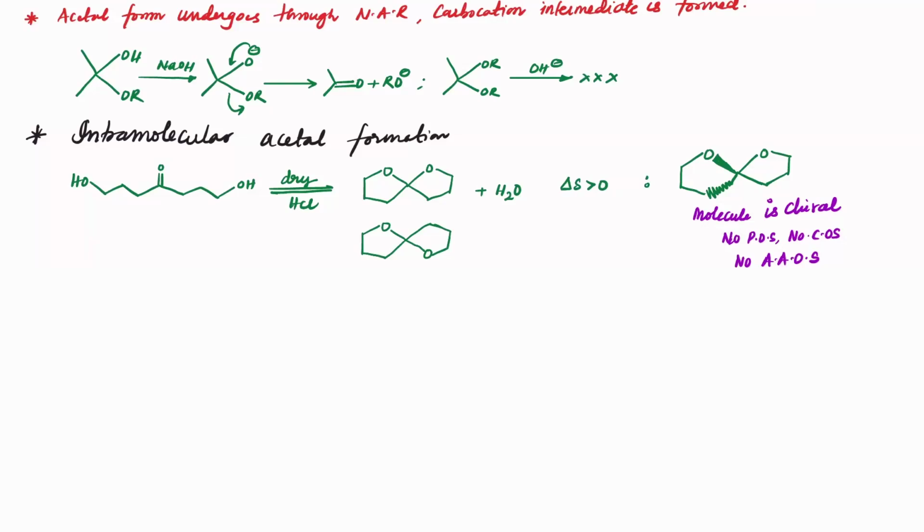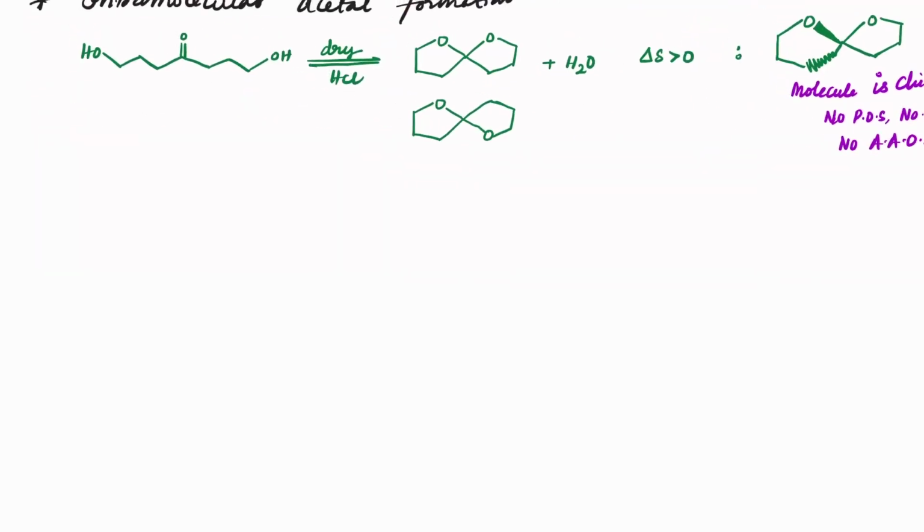Next, notice if you have this one, where we have OH and a ketone like this, and with dry HCl, it will make a five-membered ring like this with a methyl group and OH here.